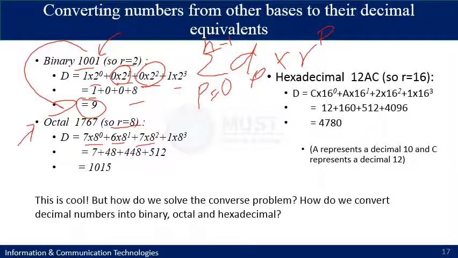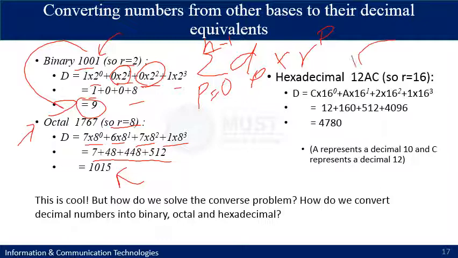At location 2, 8 raised to power 2. At location 3 we have 8 raised to power 3, and multiply with each consecutive digit. In this case we did not have any digit represented as 0, therefore all of the terms will result in a number, and then we sum up all of the terms to represent the number in decimal.